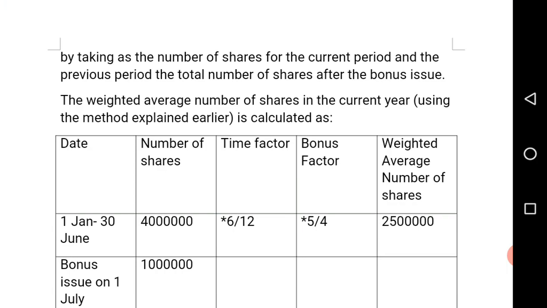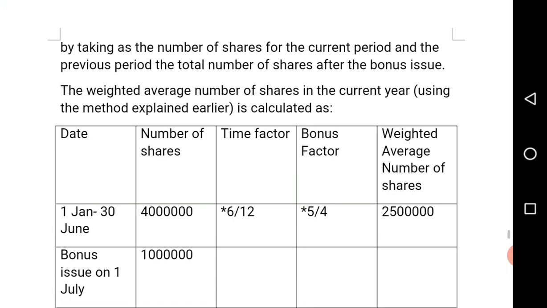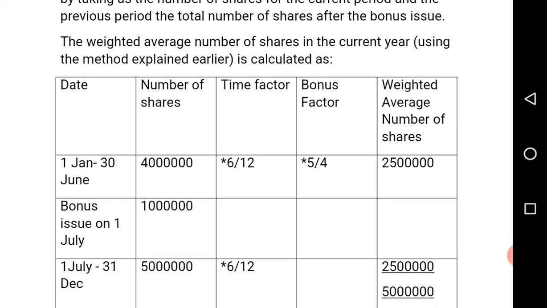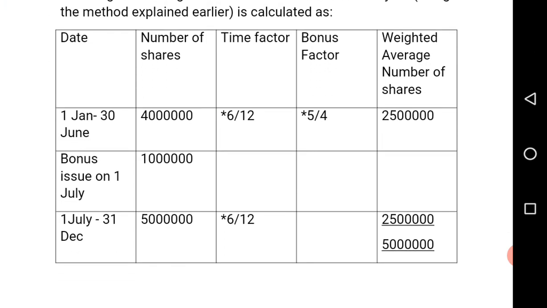Remember the previous one we didn't multiply because it was issued at full price. Now we are multiplying it. So we have 4 million times 6 over 12 times 5 over 4. We have 2.5 million shares as the weighted average at that point, and we have 1 million new shares from 1st July, so in total we have 5 million.